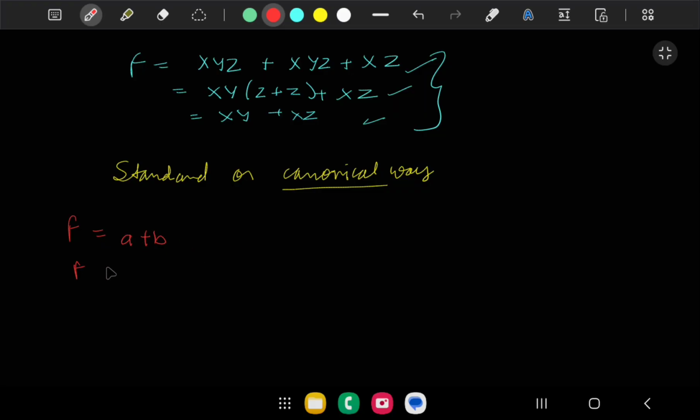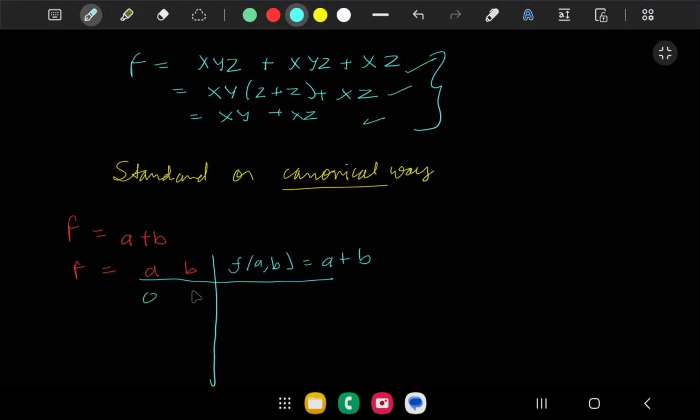after some time you can see the same expression you can write in different ways. If you notice this expression a, b, and truth table of this, a comma b.